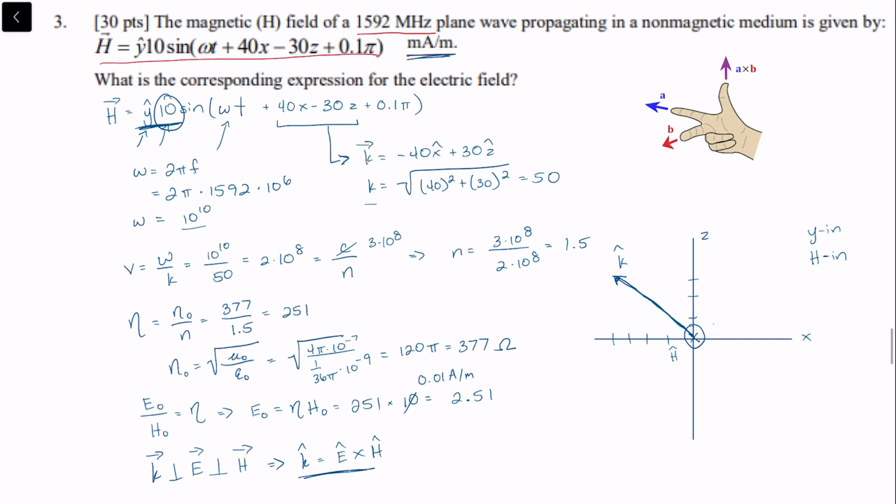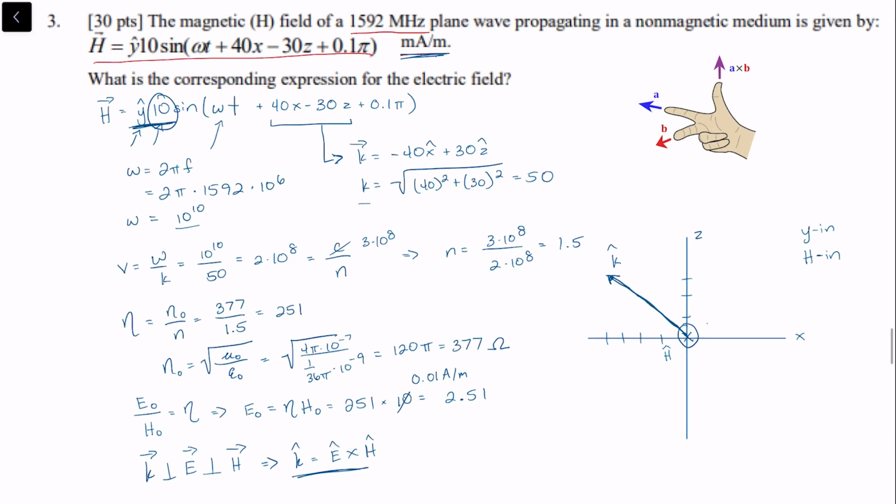So if you look at the top right of my screen, I provided a right-hand rule guide. A cross B, your thumb will be your k direction, always. Your pointer finger, your index finger, points in the direction of the electric field, while your middle finger always points in the direction of the magnetic field.